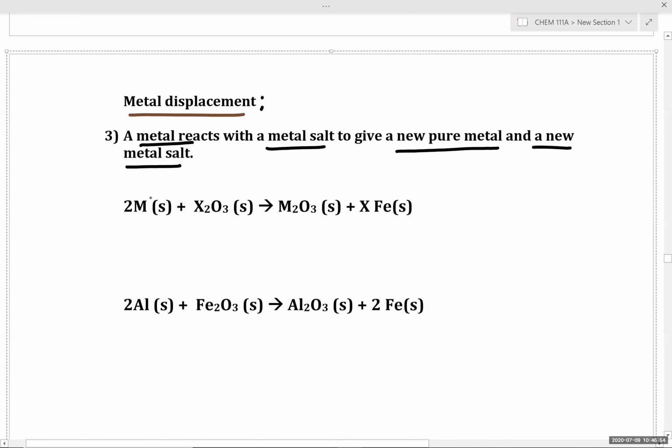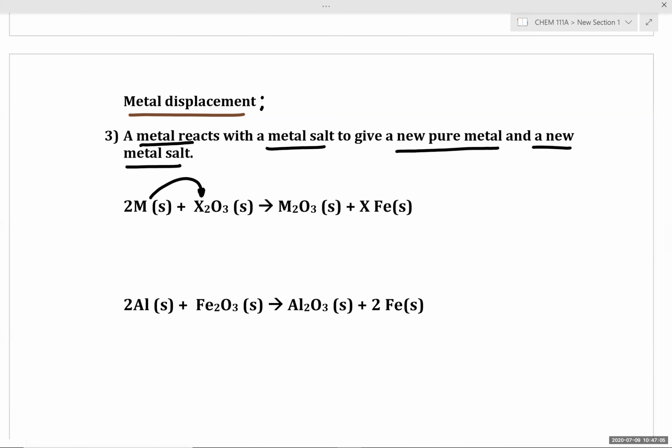So in this case, our metal, that's our pure element, is displacing the metal in our ionic salt. For example, if you react aluminum and iron 3 oxide, aluminum will displace iron and will generate a new compound, aluminum oxide, and a new pure element of iron.